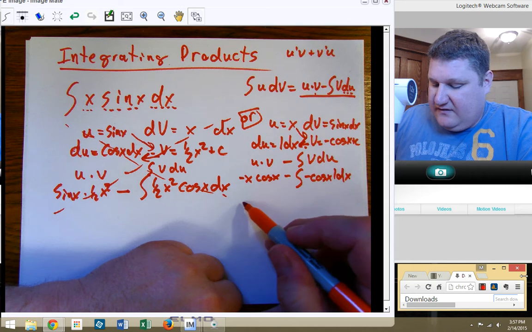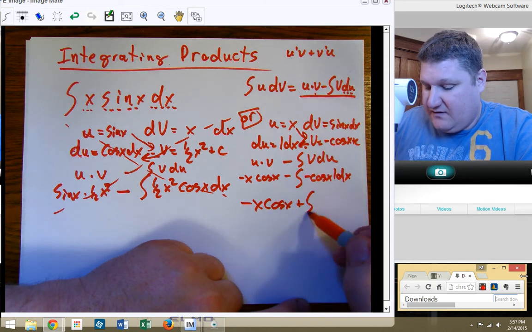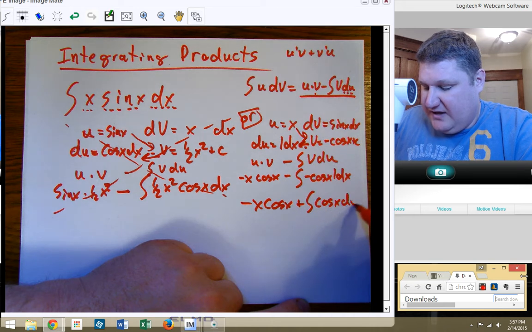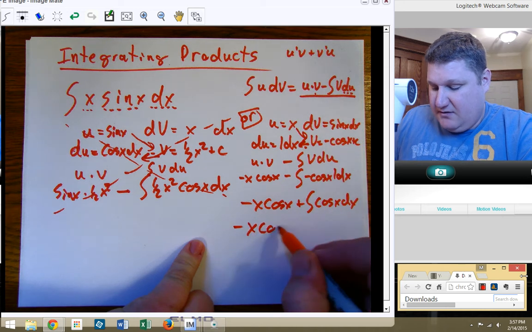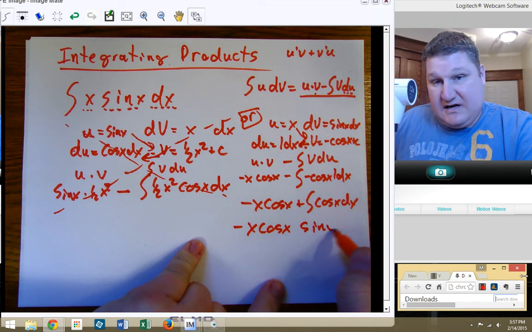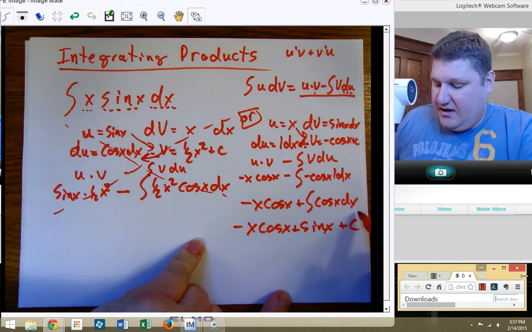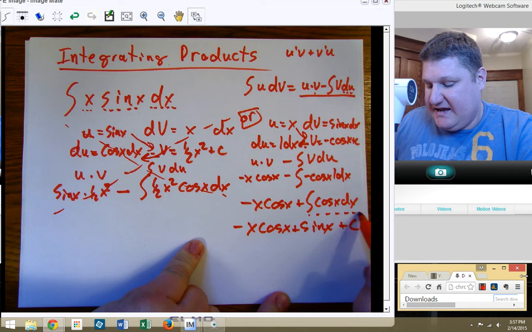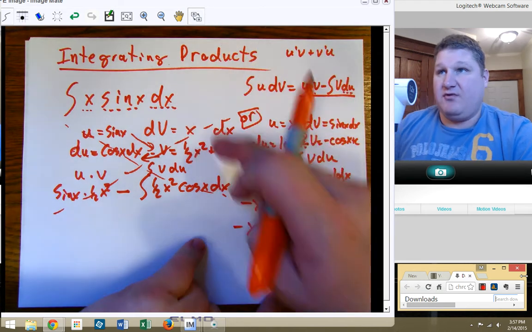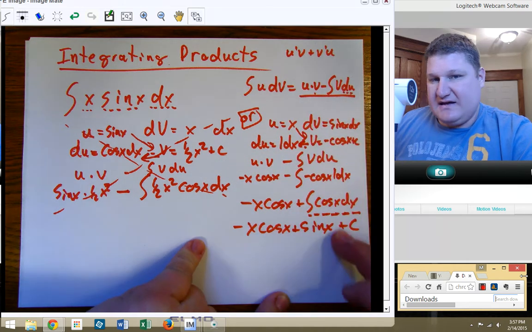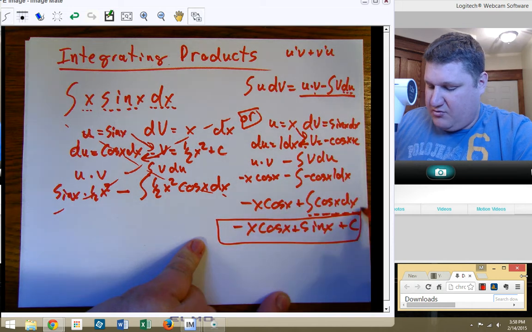The nice thing is, at this point, I can simplify the two negatives, make a plus, and integrate cosine x dx, and the integration of cosine x happens to be sine x plus c. So I end up with something here that I can integrate. That is the entire goal, to be able to integrate this by breaking it into parts that when we get done, we can integrate and come up with the actual product.